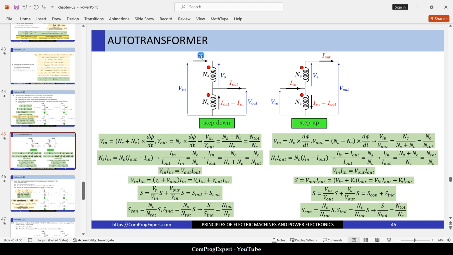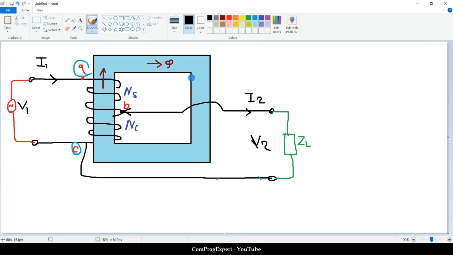In this case, I in enters from the dot point and this current exits from the dot point. So NS times I in is equal to N common times I out minus I in. We have this balance for the magnetomotive force if you consider the integral of H dot dl equal to 0.